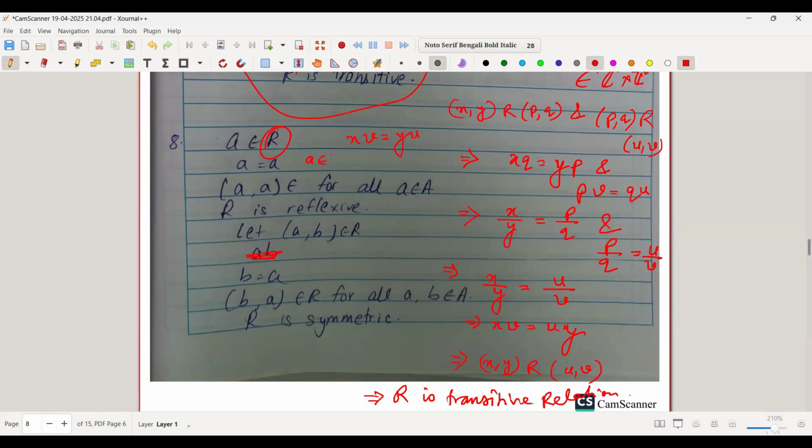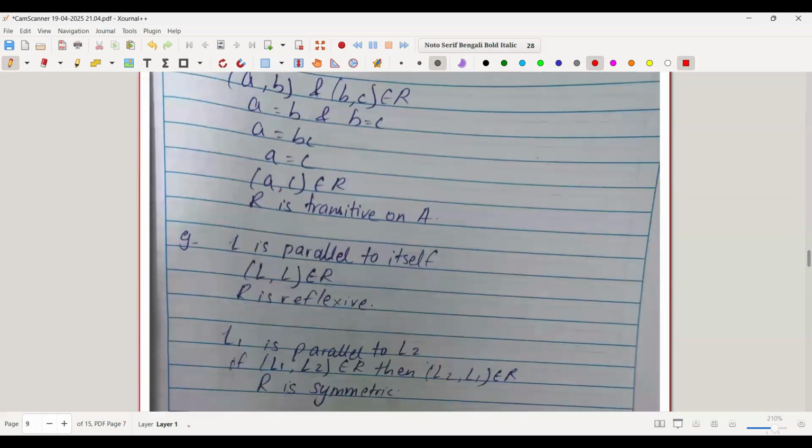a belongs to Z, and a is greater than 0 and less than or equal to 12. So basically, you don't have to write this. Just write the relation R: (1, 1), (2, 2), (3, 3), and so on up to (12, 12).